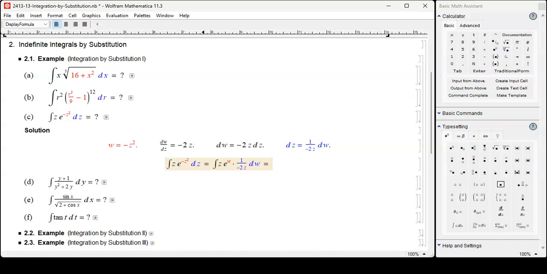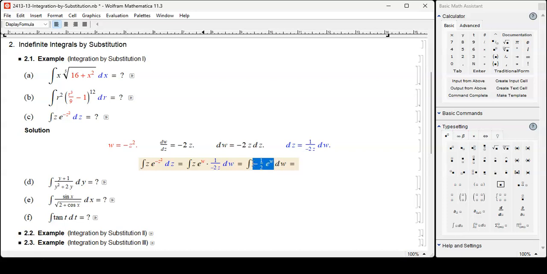Okay, looks like this z downstairs and z upstairs will cancel each other out. We have negative 1/2. So negative 1/2 and e to the w power dw. Okay, no problem there.